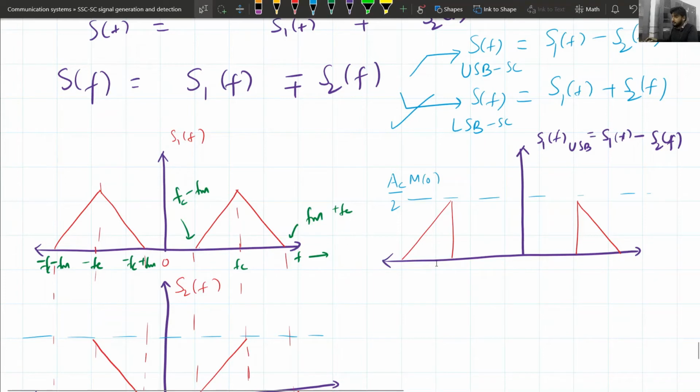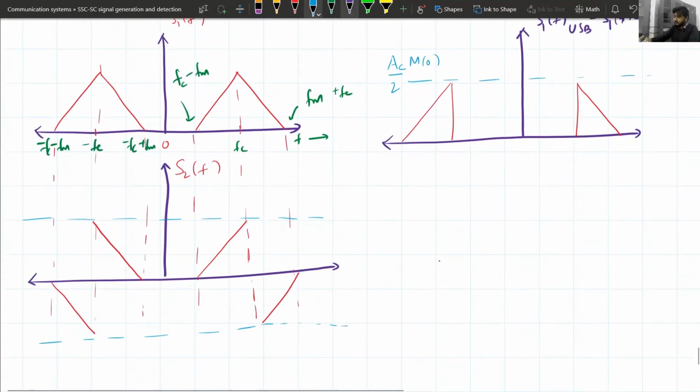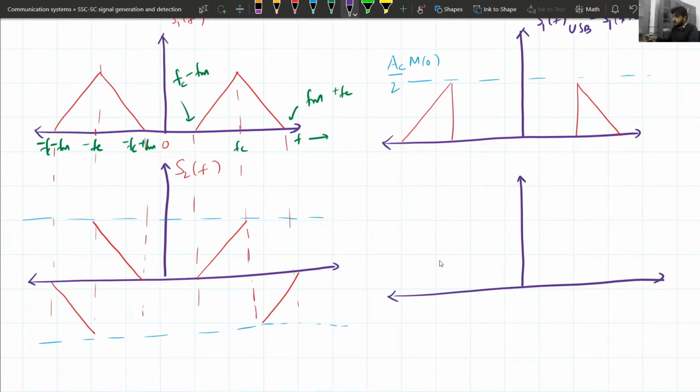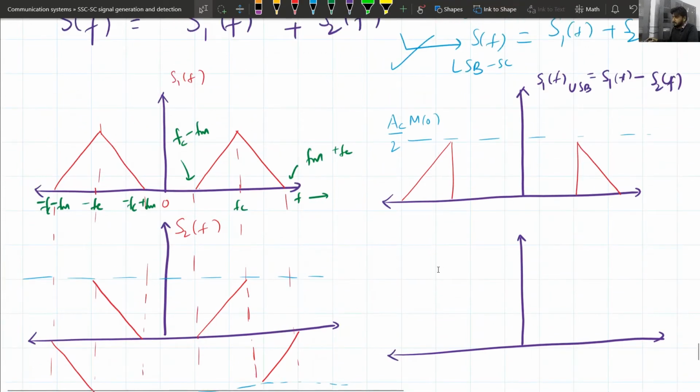lower sideband suppressed carrier, as cited as the lower sideband suppressed carrier. This is actually a suppressed carrier.